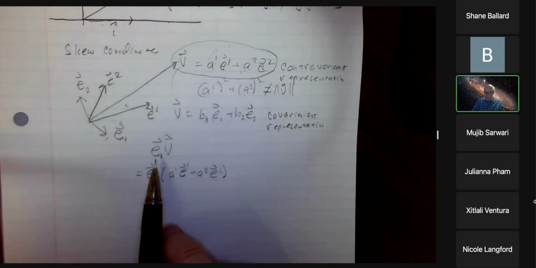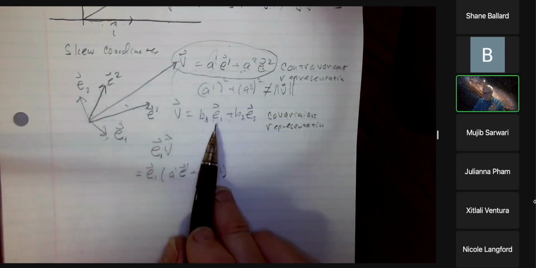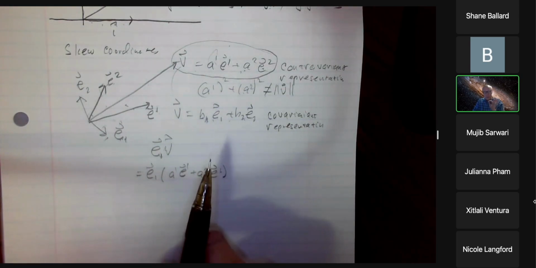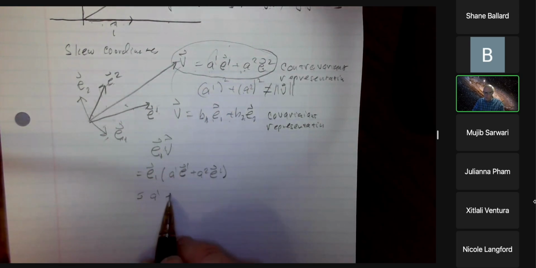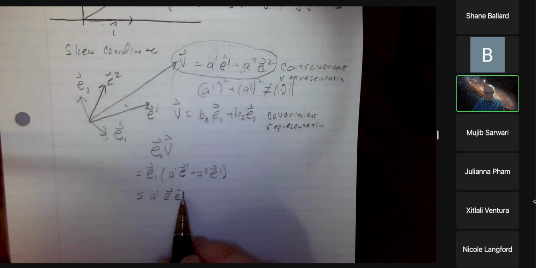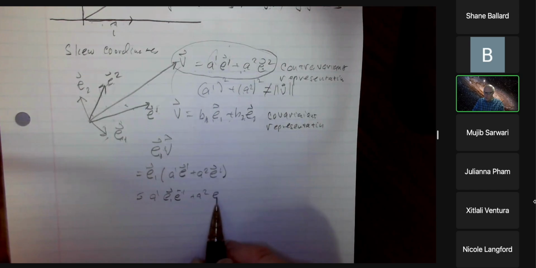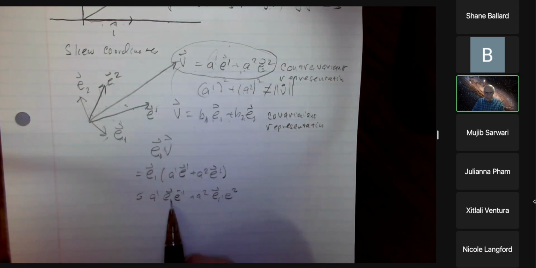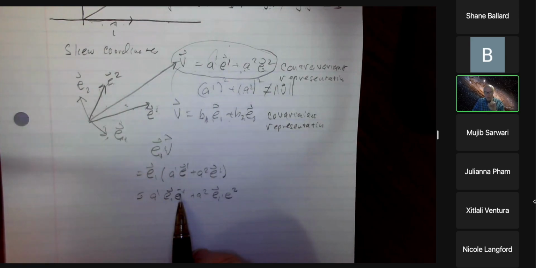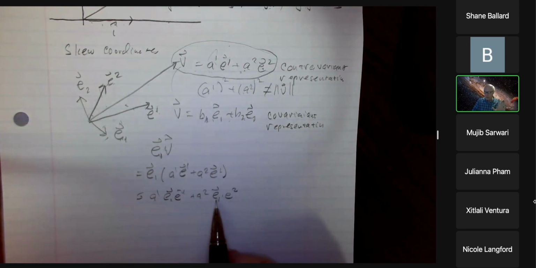And then these covariant basis vectors have the property that when they're distributed, you get A1, E1 like this, where the subscript and superscripts match this way, plus A2, E1, E2. And only in the case when these two match do you get 1, everything else you get 0.